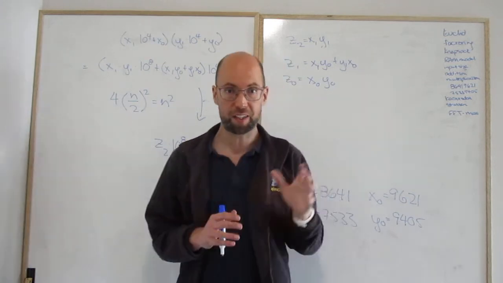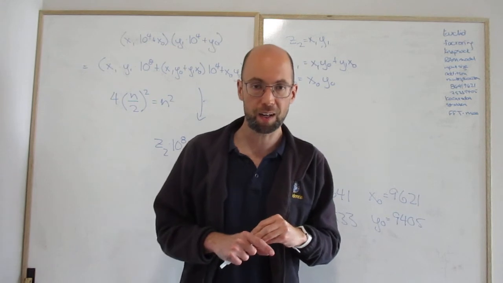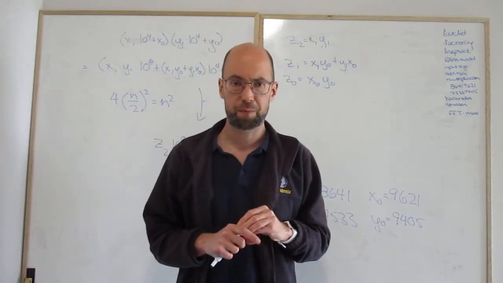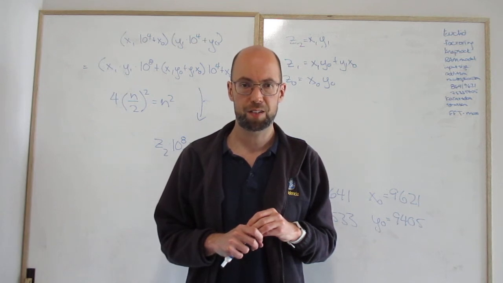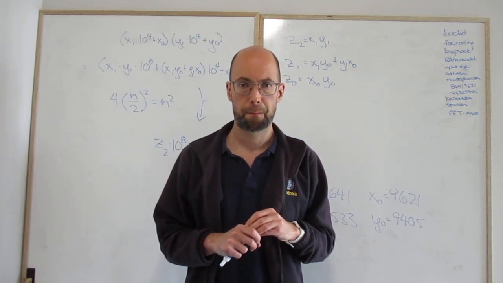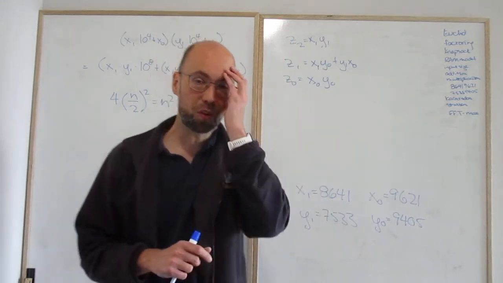You do actually get the product of these two numbers. I'm going to skip it because it takes a while. Does anybody really need to see that? No. Good. So how long does this take?